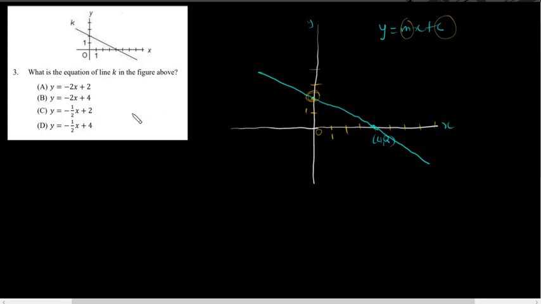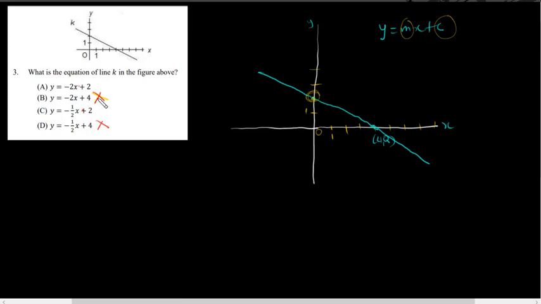So if you look at these answers, B cannot be an option because the intercept on the y here is 4, and D cannot be an option because the intercept on the y here too is 4. So these are the two options that can be correct, either A or C.